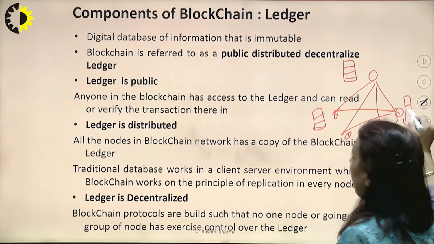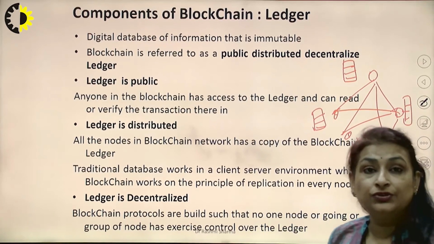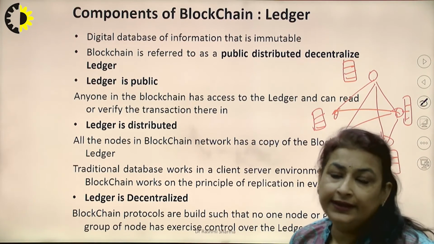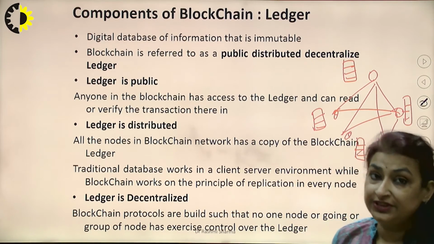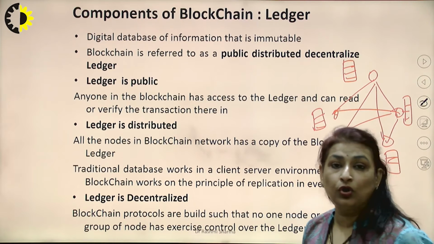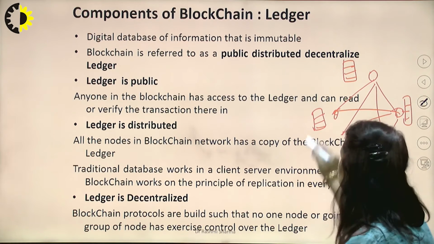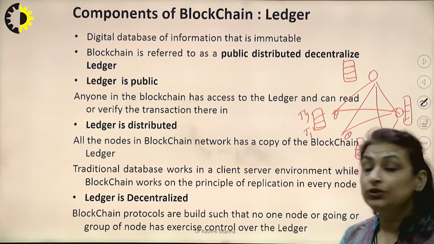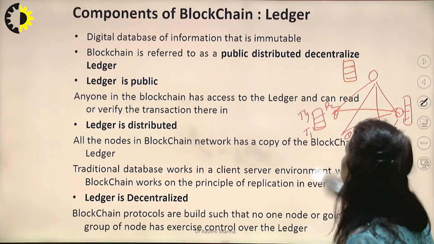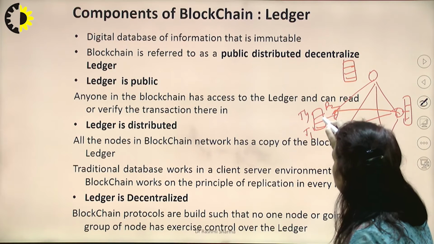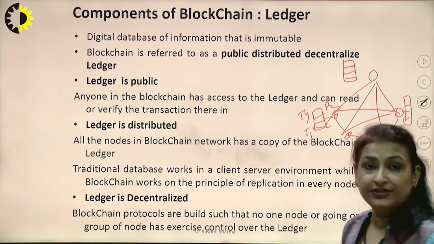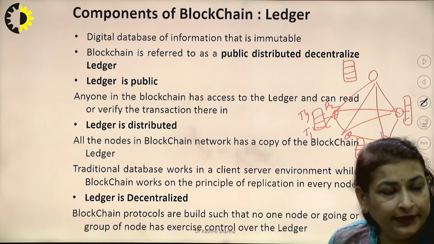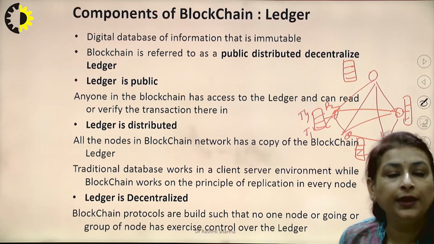So you have a digital database of information that is immutable, which cannot be changed. Even if they have the local copy, they cannot change the previous transactions. If this is the T1 transaction and this is the T4 transaction, and this is the P2 node, the P2 node cannot change the data of the T1 transaction. So this digital database should be immutable.